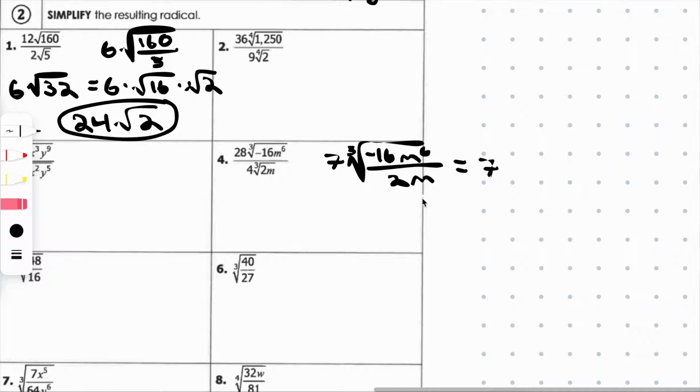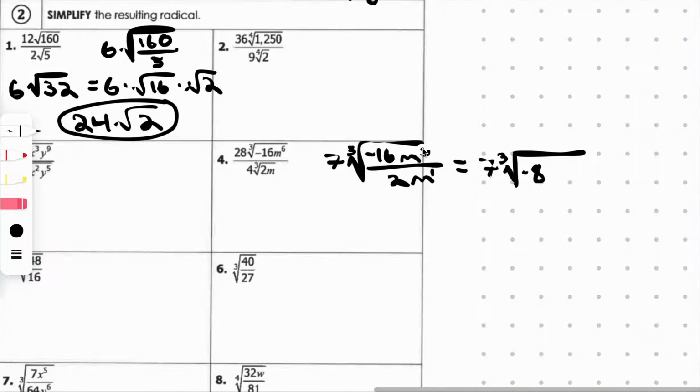But now we want to simplify what we have on the inside. So first we have negative 16 over 2. That's equal to negative 8. Okay? And then we have m to the 6th over m. Well, this m is basically m to the 1st. And if you remember, this was a couple of lectures ago, we learned about some exponent rules.